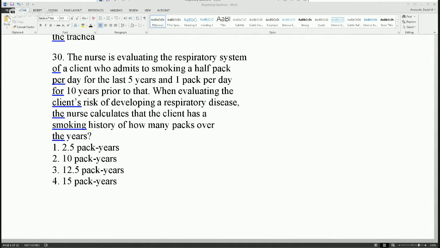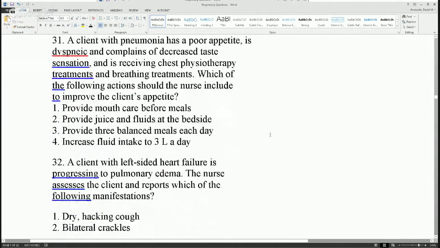It's however many packs a day times the years. That's just how we were taught to do it in respiratory school 30 years ago. I'm surprised they haven't changed it in some way, but anyway, it's really not that hard, or it shouldn't be. All right, Christy.